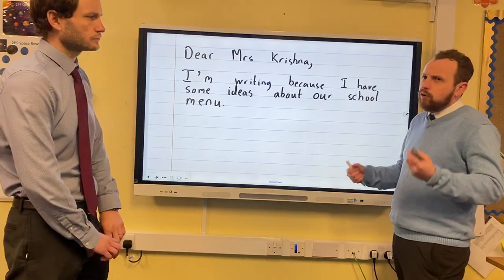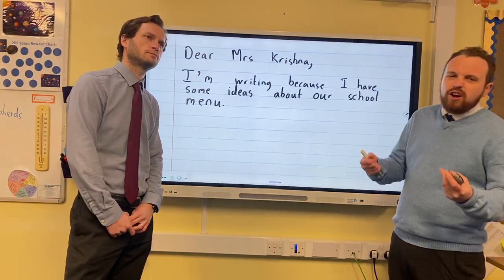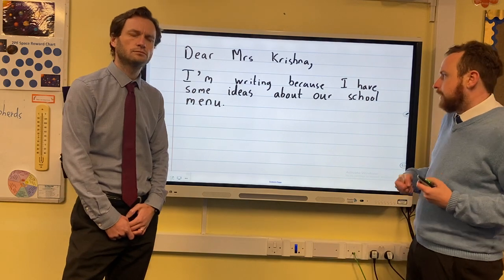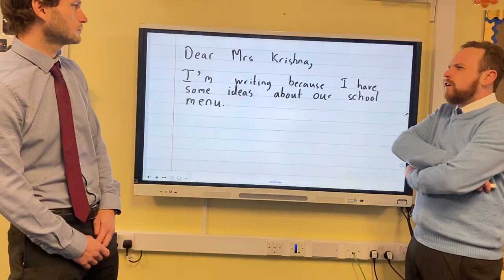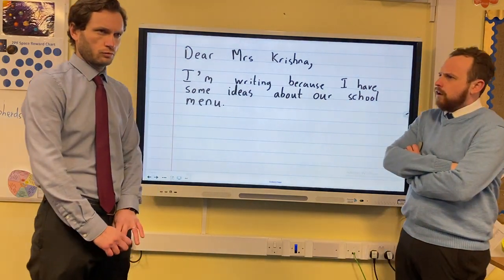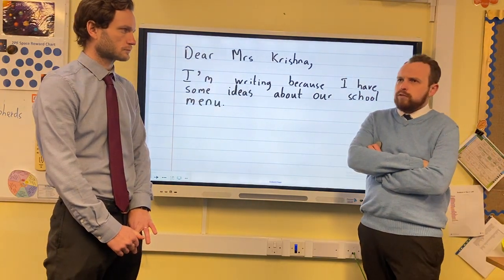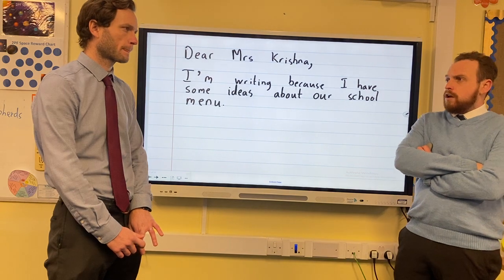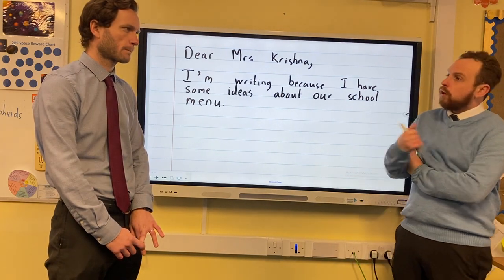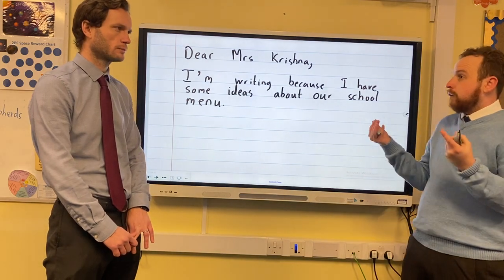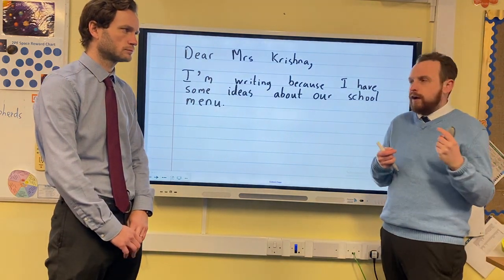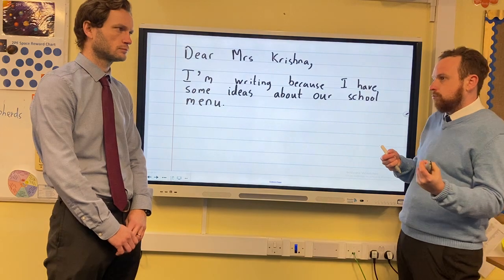We're now just putting them into sentences. So, our menu should include, well, what do we want to include on ours, Mr. Fenn? I think we said we definitely wanted fish fingers. And we talked about chips as well, and chocolate crunch. So our ideal menu would definitely still have fish fingers, chips, and chocolate crunch, wouldn't it?